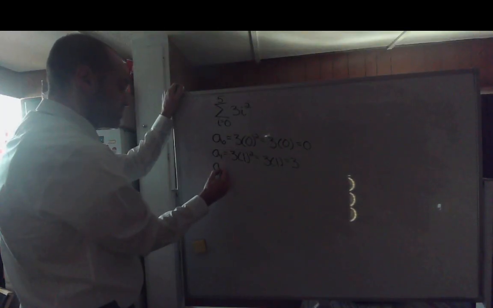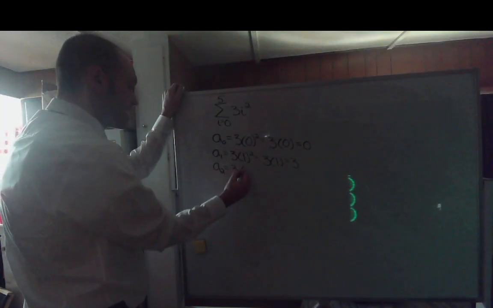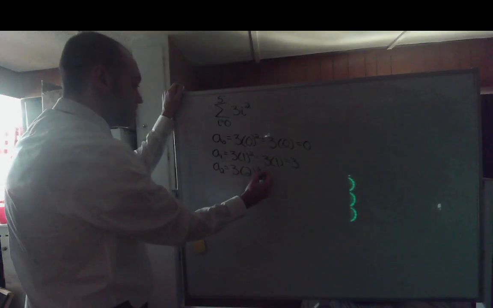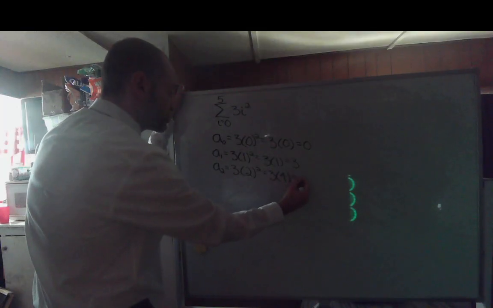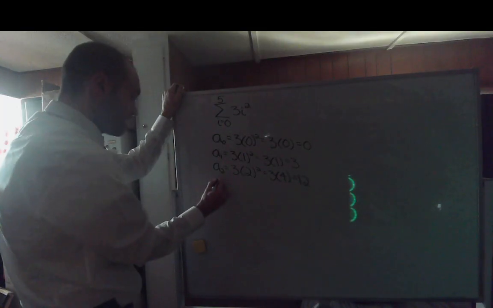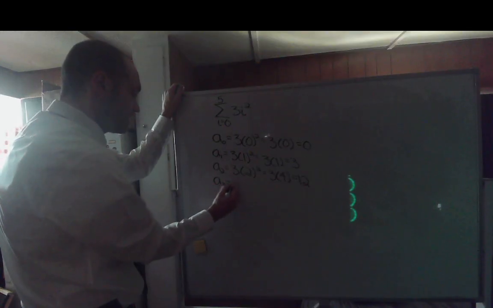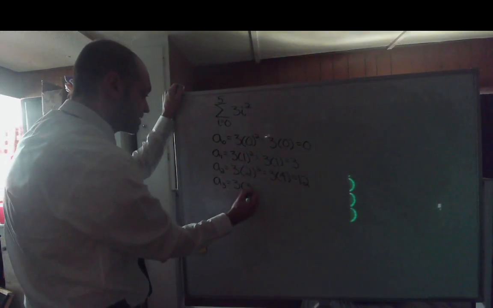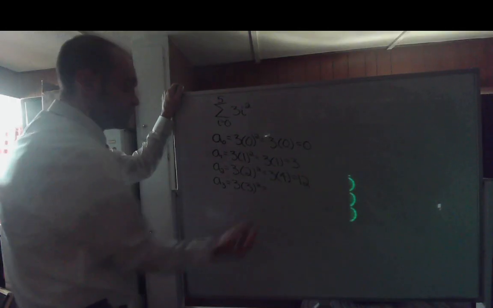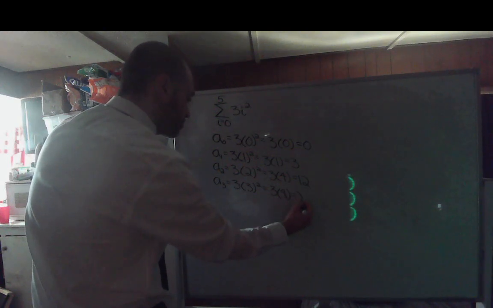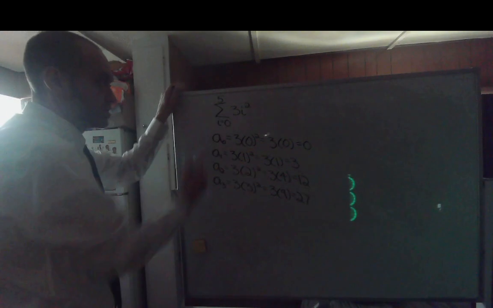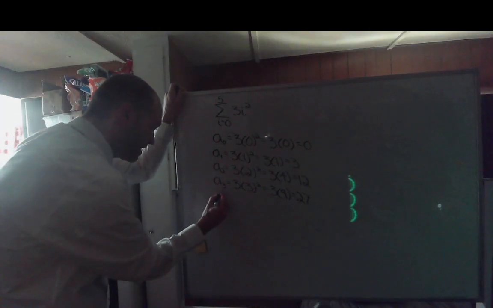A sub 2 is 3 times 2 squared, which is 3 times 4, that's 12. A sub 3 equals 3 times 3 squared, which is 3 times 9. That equals 27.